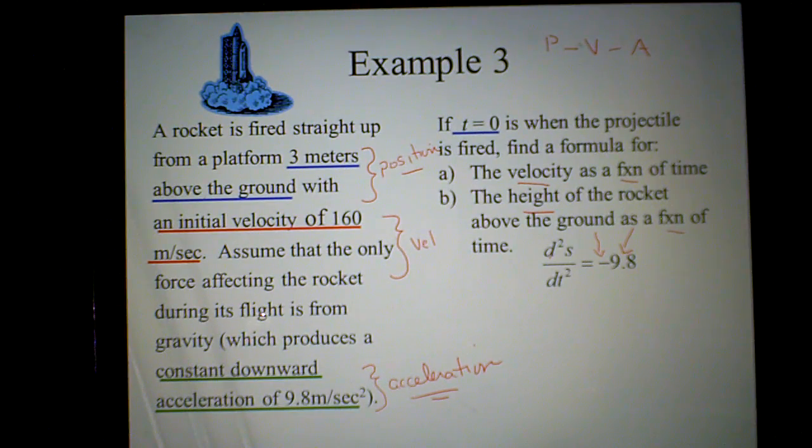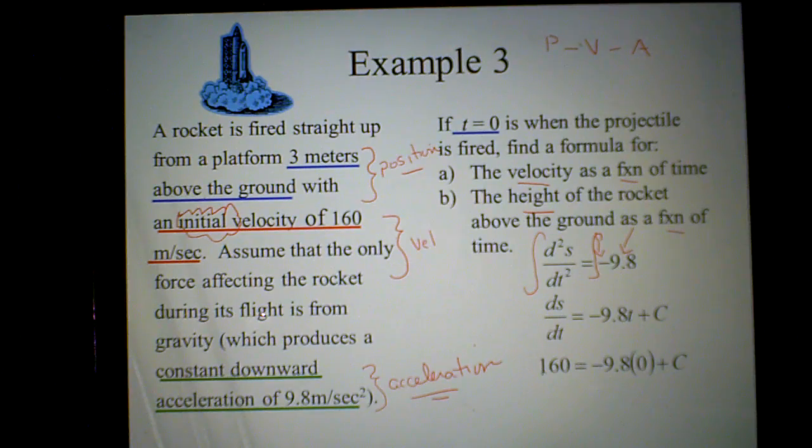So, I need to find the height and the velocity. Given acceleration, take the antiderivative to get to velocity. So there's the velocity plus c. Plus c, I should be able to have an initial condition. When t is equal to 0, what was my initial velocity? Oh, right here.